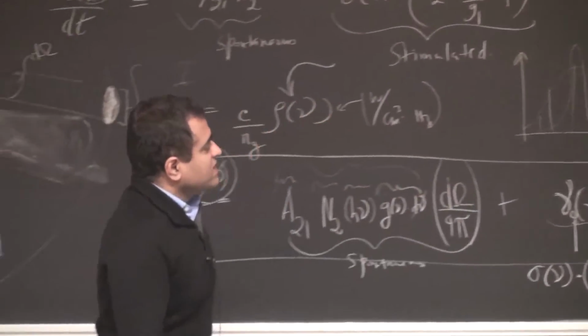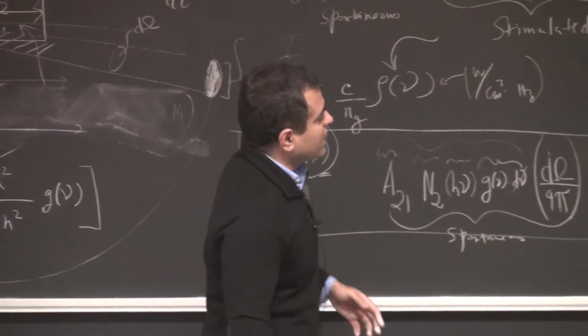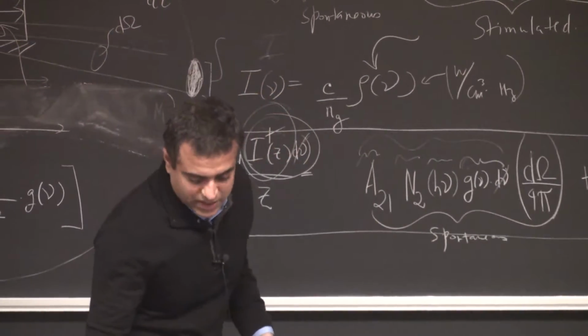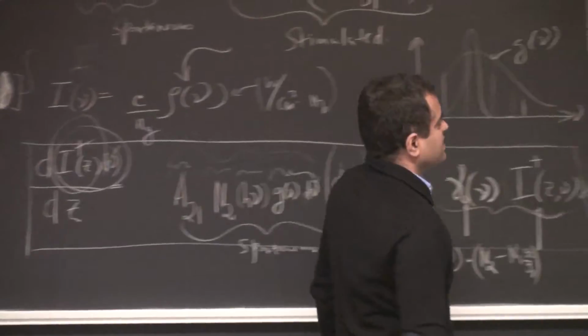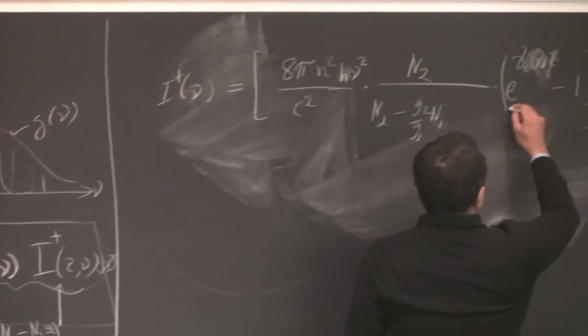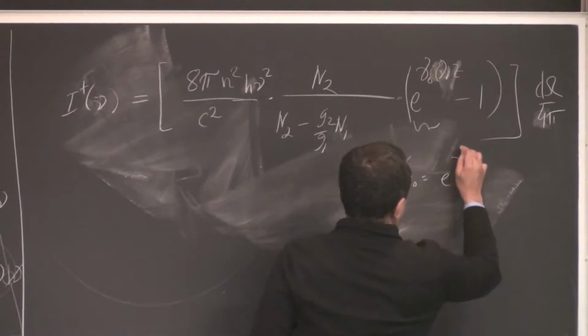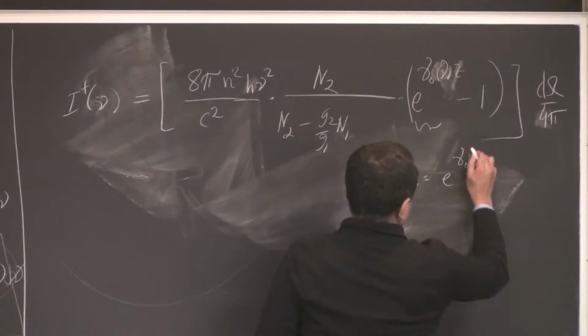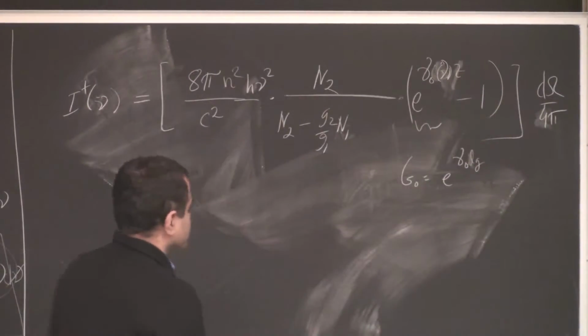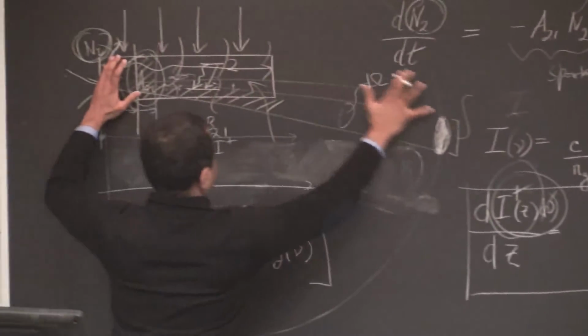This is actually very interesting. If you look at it a little carefully, this is your gain term. Gain is e to the power gamma naught times the length of whatever is the gain medium. Remember, the gain medium is only here, not out here.